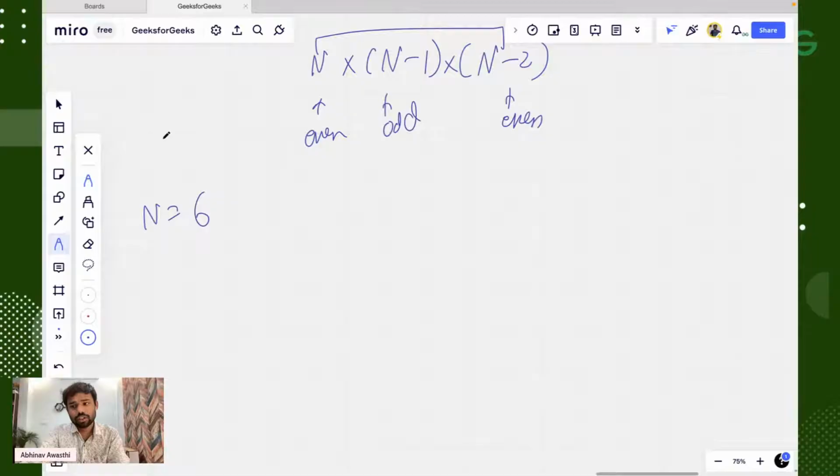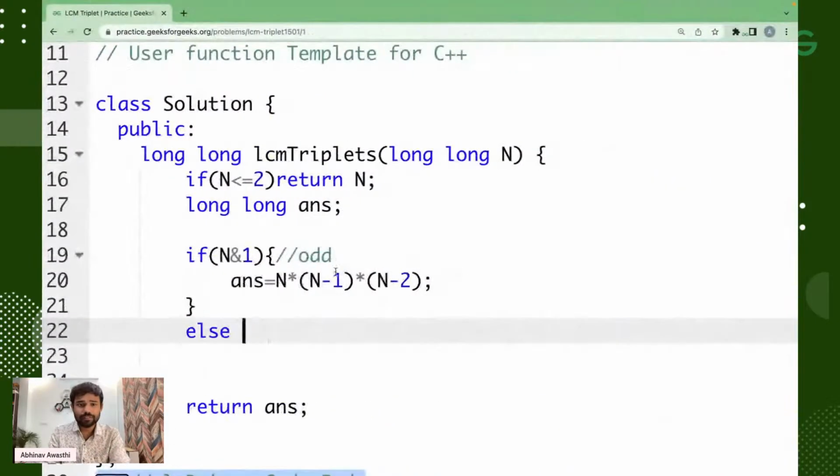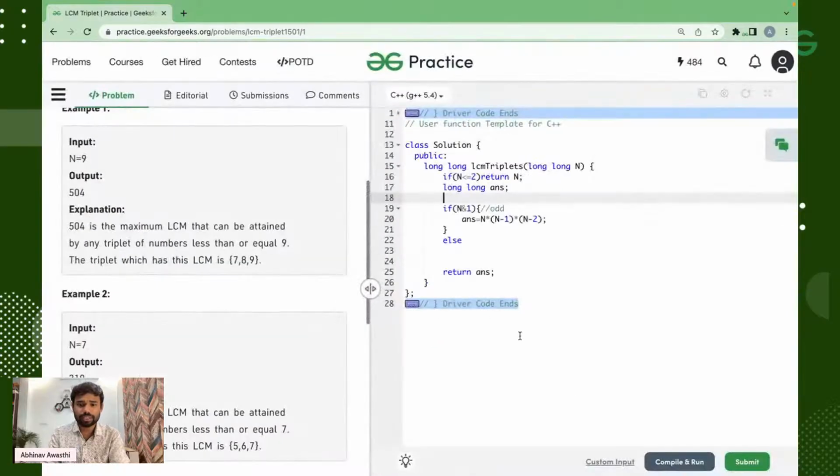So for n is equal to 6, it will be 6, 5, and 4. Let's find the expected output for 6.